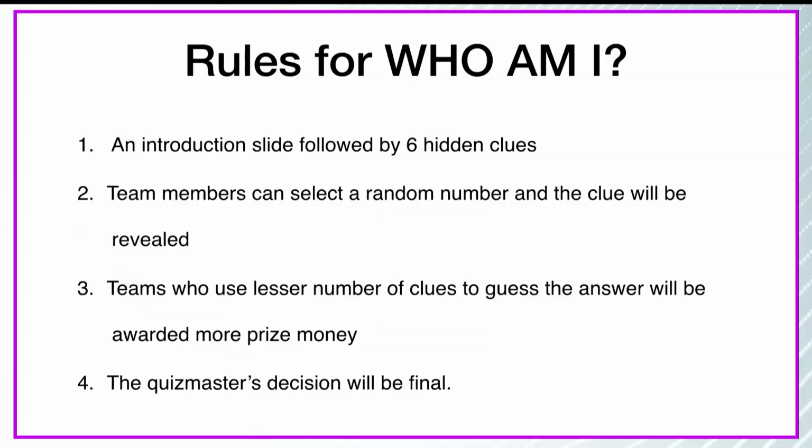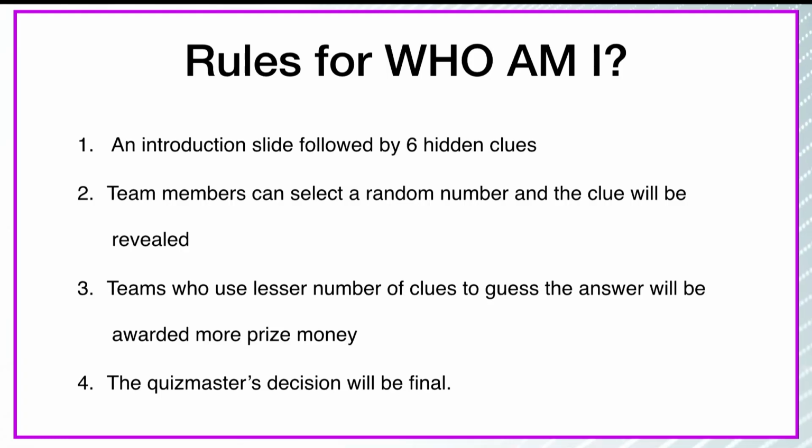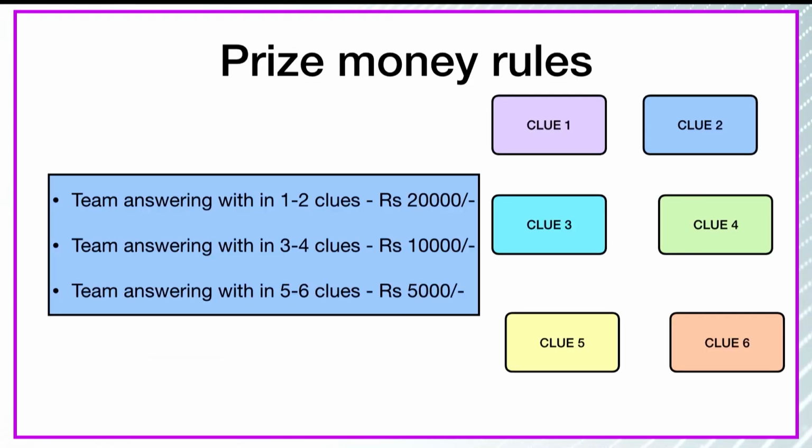So the team members can select a random number, and that clue will be displayed on the screen. So teams will use the lesser number of clues to guess the answer will be given more money. So like this, the team answering within 1 to 2 clues will get 20,000 rupees. Within 3 to 4 clues will get 10,000. Within 5 to 6 clues will get 5,000.